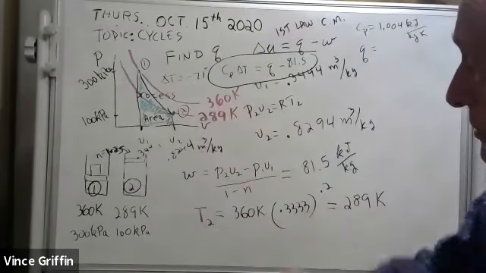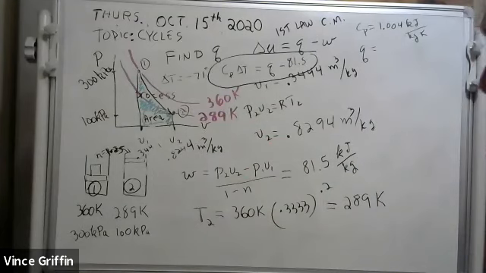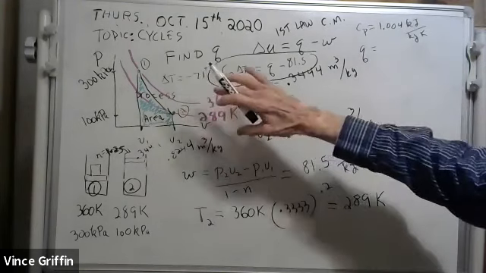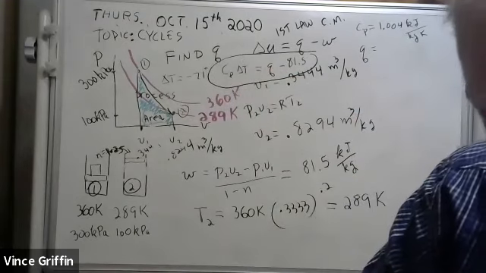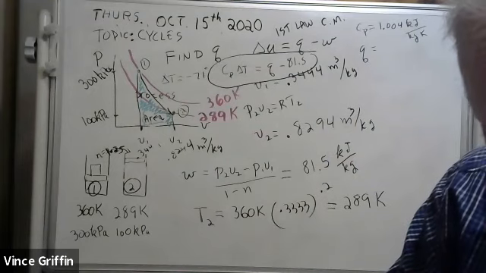If you subtract here, I think you get 71. It got cooled off. So now you can solve this and solve, you can do it, Bryce.